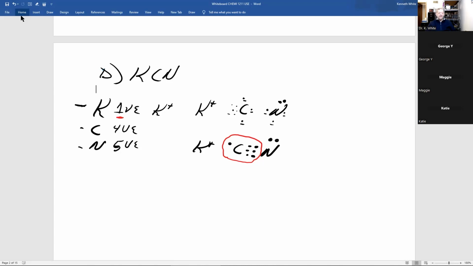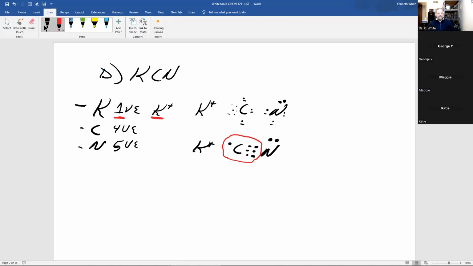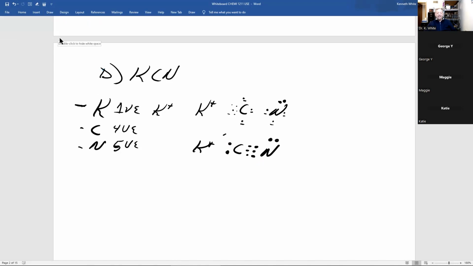And remember, to get to this, potassium gave up 1 valence electron. And no, it's not floating in the air. It was transferred over to the carbon. And here it is. And now this has an extra electron, which means it's got a minus charge.